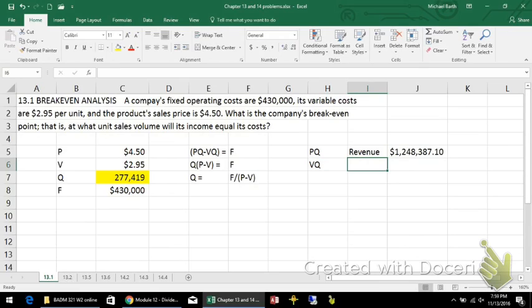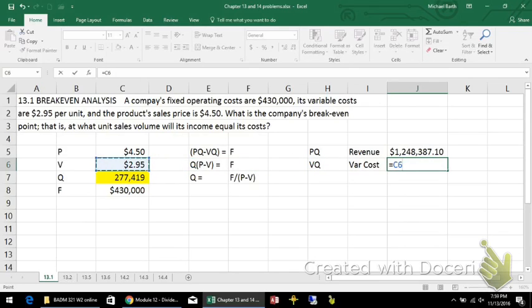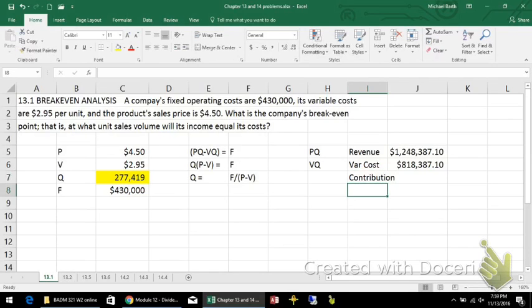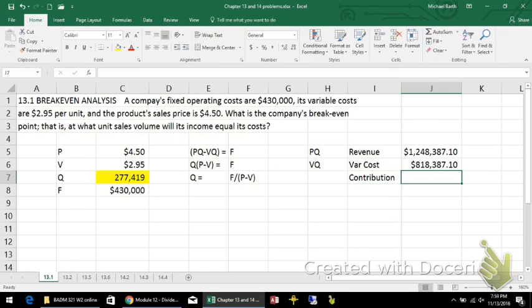VQ would be the variable cost, and that would be $2.95 a unit times 277,000 units. The contribution would then be, there'd be $430,000 left.